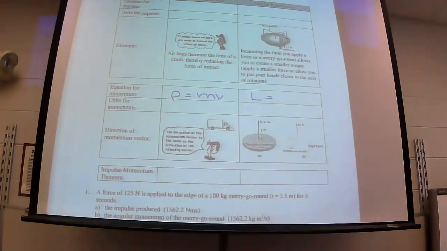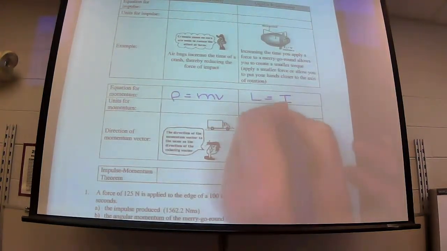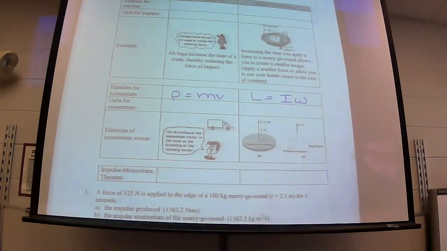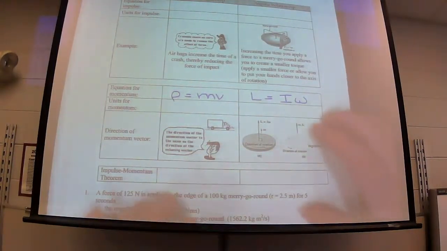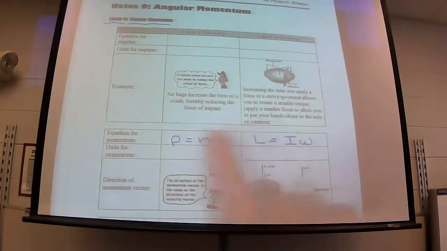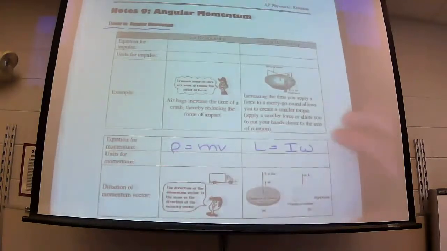It's the distribution of mass, which is hidden in an I equation. And then our v's become ω's. All right, there's 2 kinds of momentum. Both are always conserved.